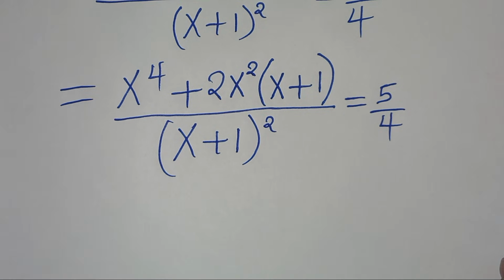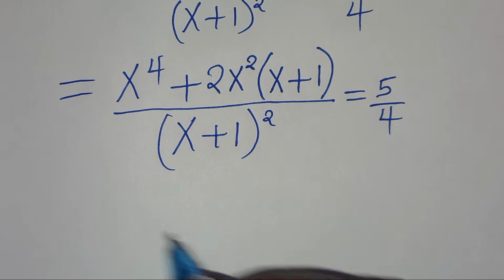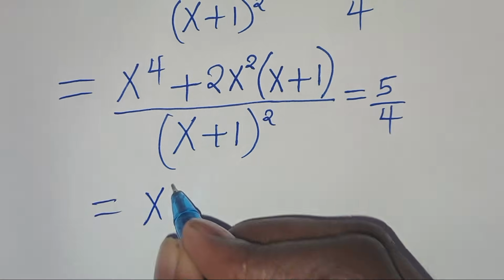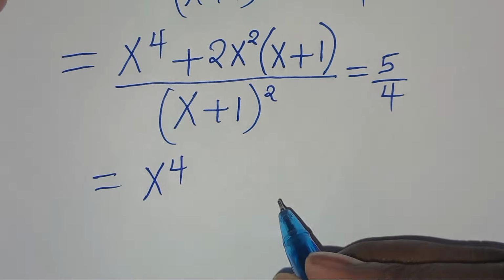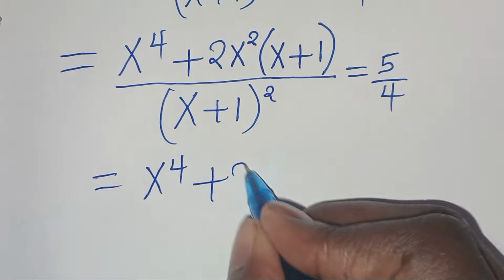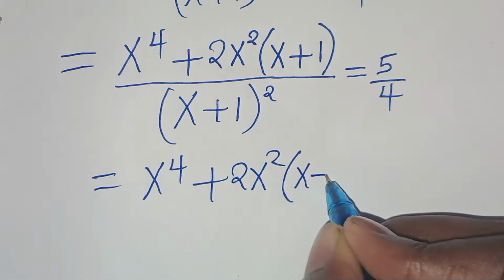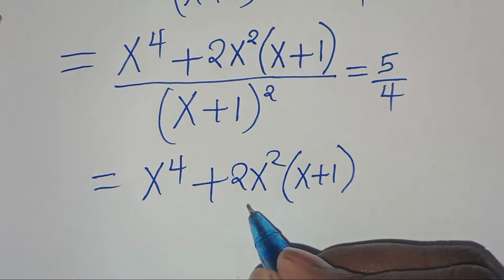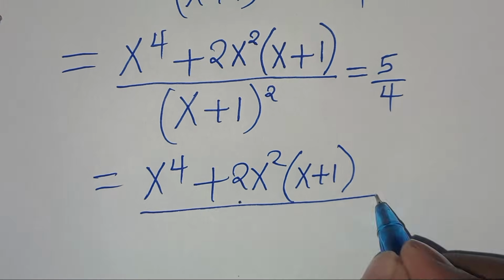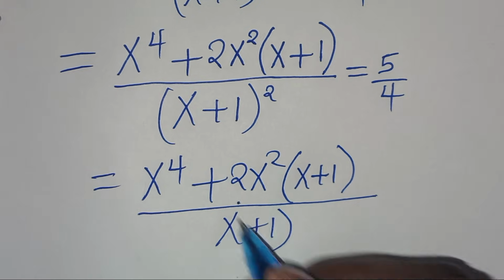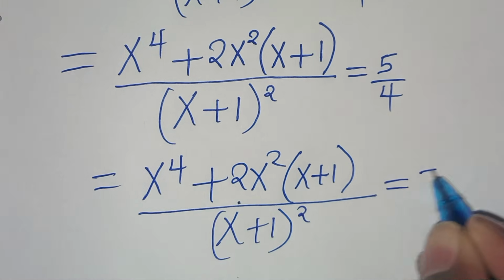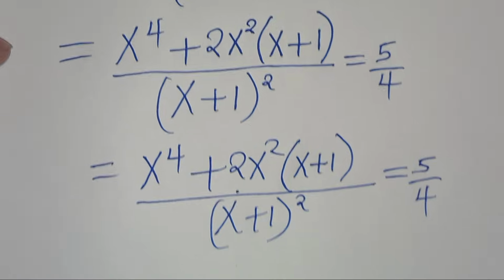Now, the next step from here, we have x to the power of 4, plus 2x squared into the parentheses (x plus 1), divided by (x plus 1) to the power of 2. This is equal to 5 over 4.